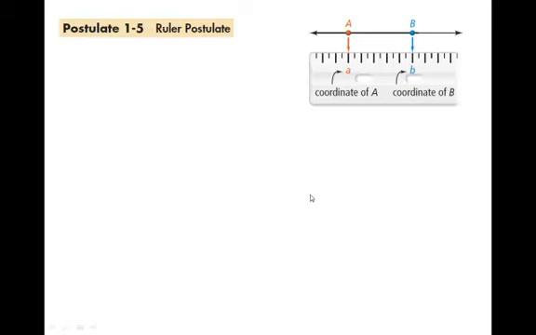First, we're talking about the ruler postulate. All this says is that we can assign numbers to points on a ruler. So like here we could assign this as the number 1.